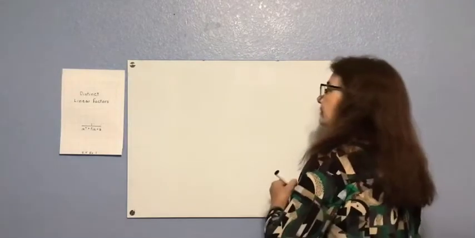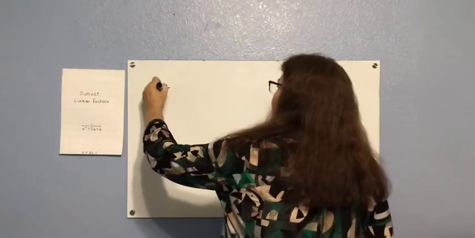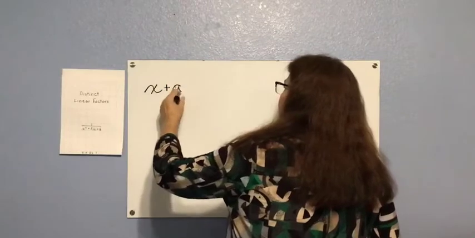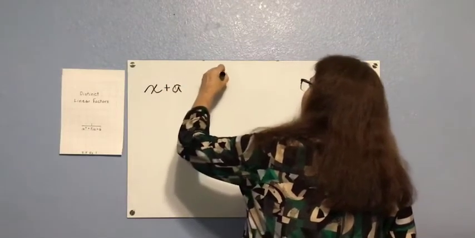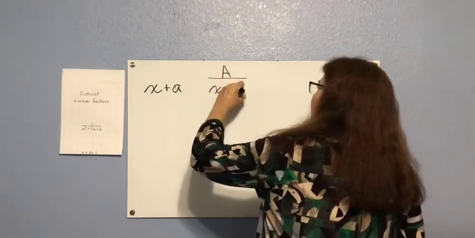If I have a linear factor in the denominator, let's say x plus a, I must have a function that's A over x plus a.